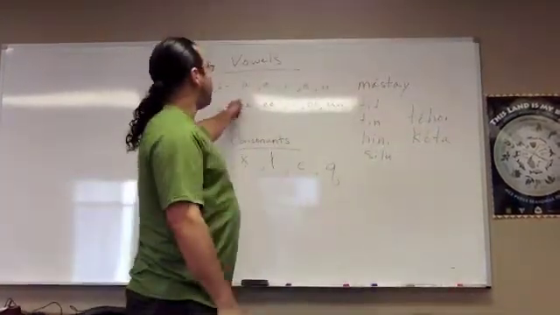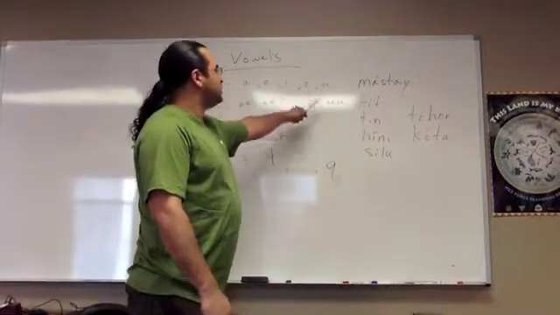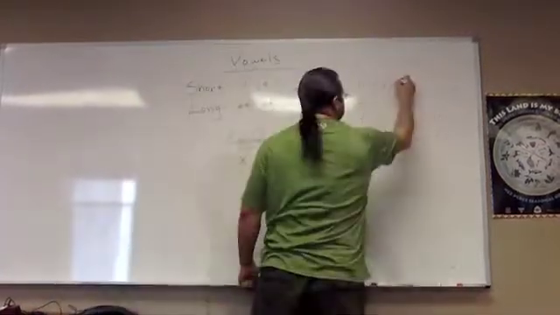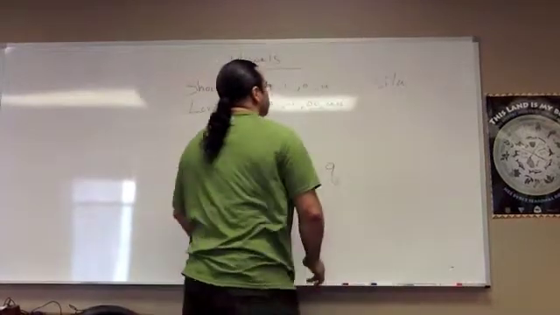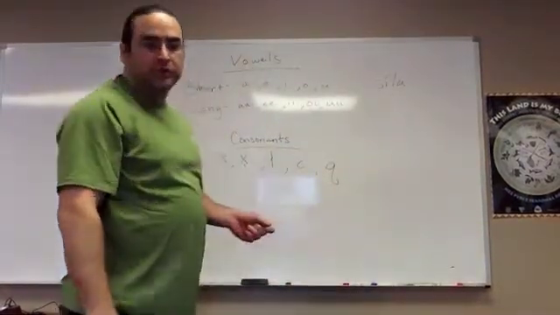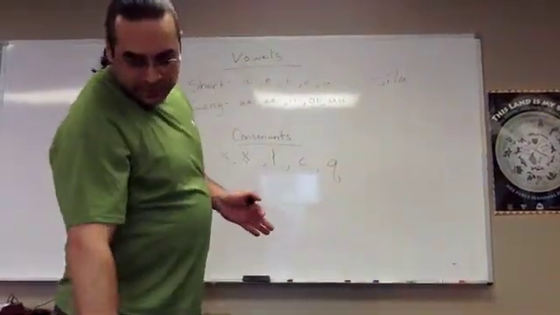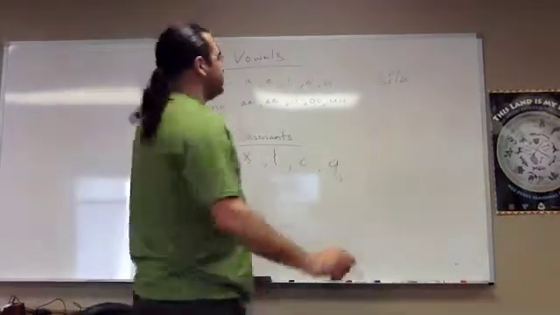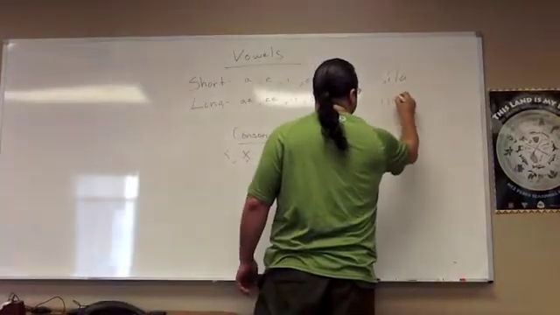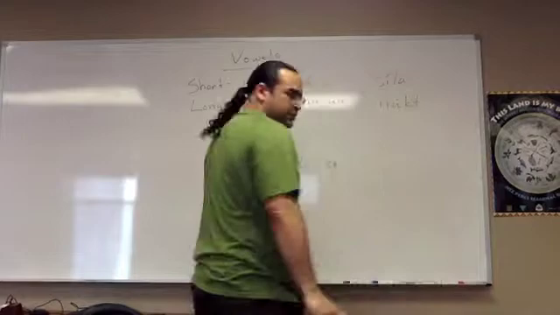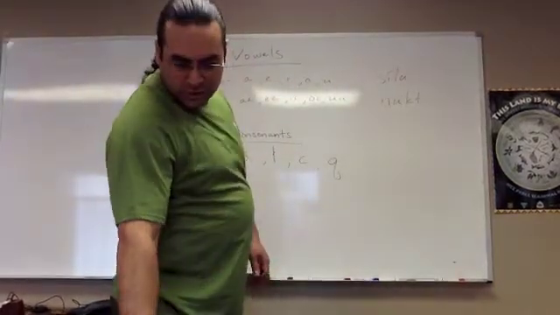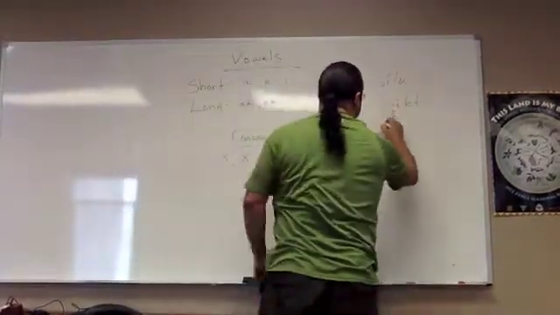So far we've got I, o. Now the last one, the U, this is a short U. And we got words like nukt, which is our word for meat. We have huhui, which is your shoulder.